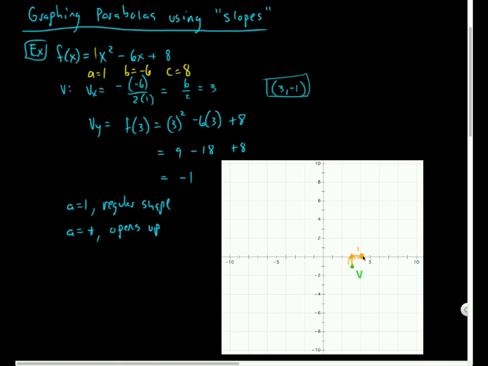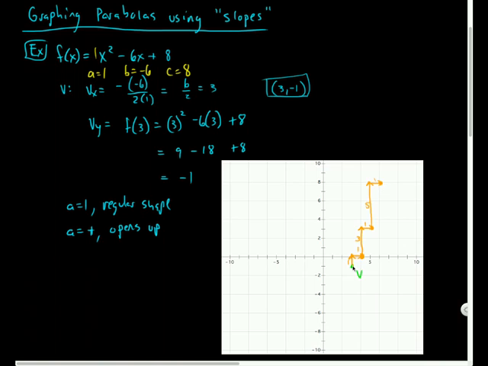So 1 and 1. If I go up 3 over 1, that'll give me another point on the parabola. And then if I go up 5 over 1, I think that takes me all the way up to 8. That will give me yet another point on the parabola. And then from here I could go up 7 or 9, and then 11, then 13.